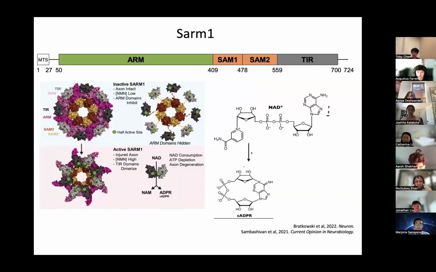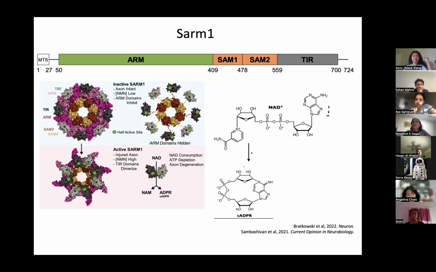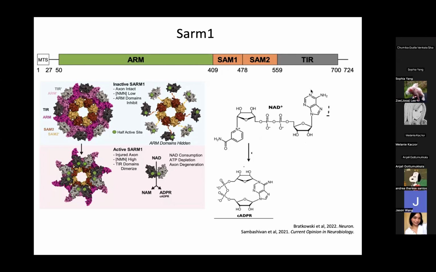What is this enzyme, this protein that causes degeneration? Well, we're still working on this. So still a work in progress, but here's what we know. It's highly conserved. Worms have it, flies have it, people have it, mice have it. It has 4 different domains: an armadillo domain, SAM1, SAM2, and a TIR domain. The TIR domain is really critical.